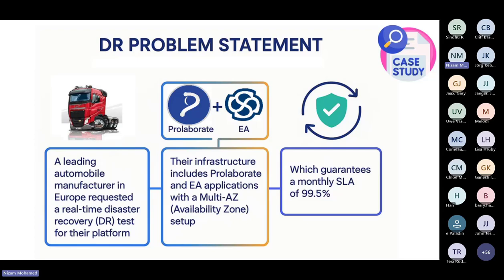This is of a leading automobile manufacturer in Europe, and this was exactly when there were some tensions around Europe due to the war a couple of years back. The request from the client was that we simulate a disaster recovery scenario by triggering a false alarm.